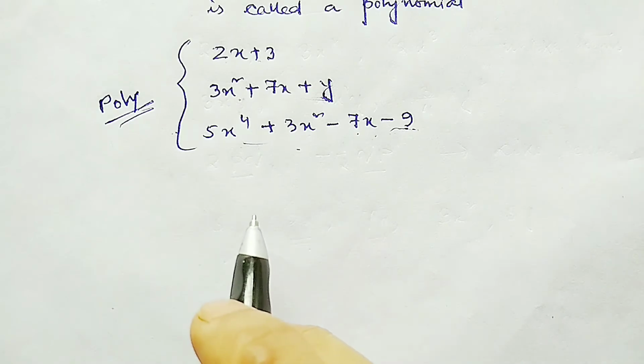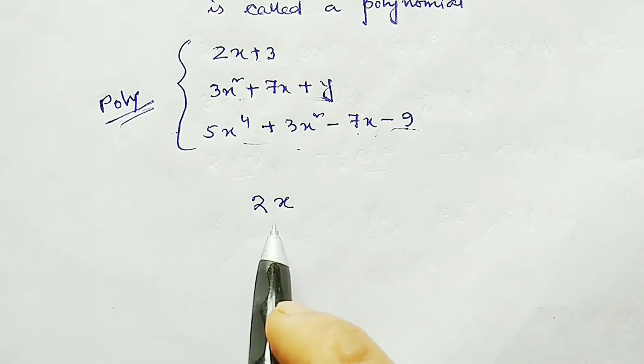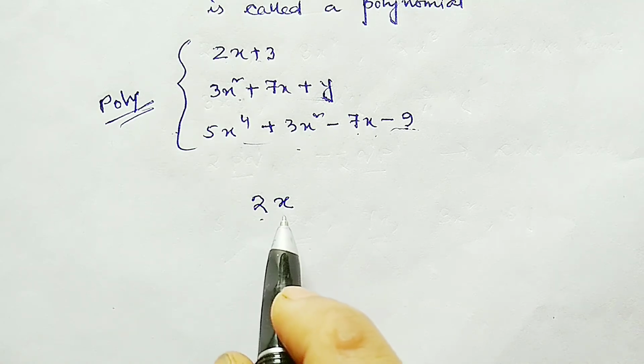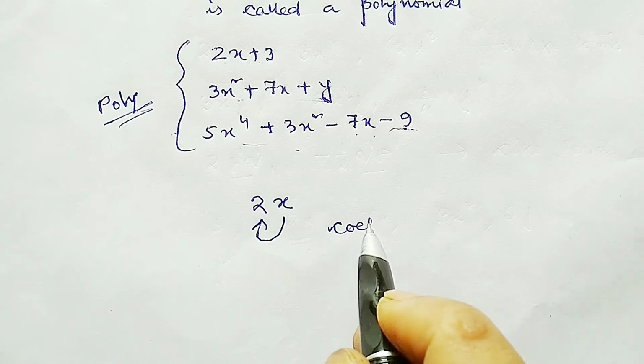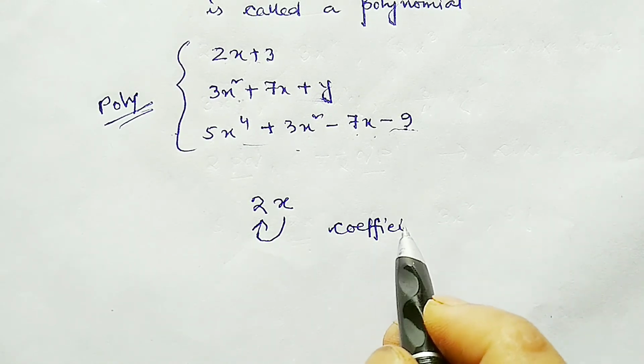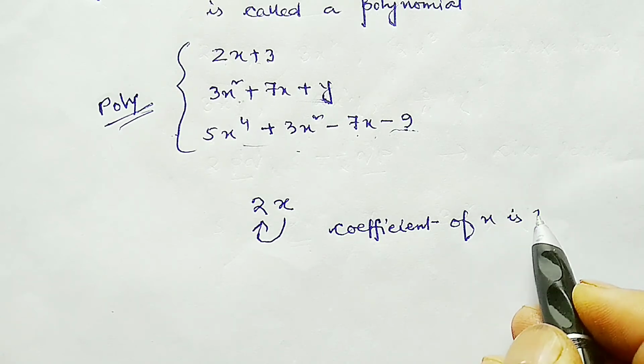Okay, now suppose I have written 2x. Here this 2 is called the coefficient of x. So the coefficient of x is 2.